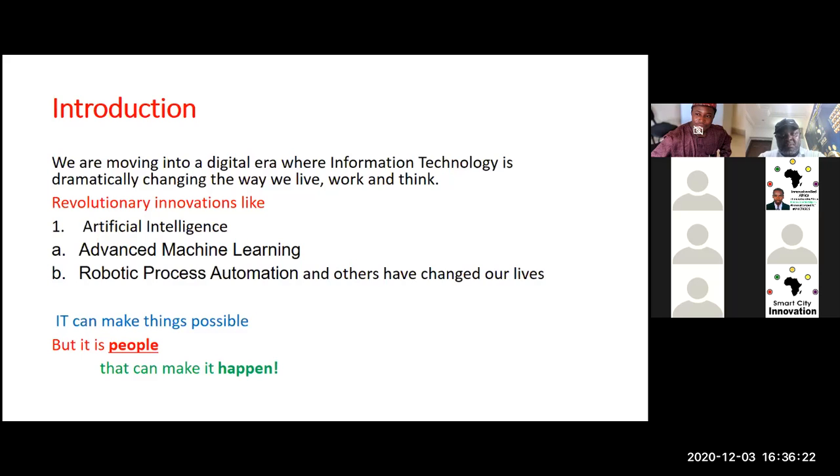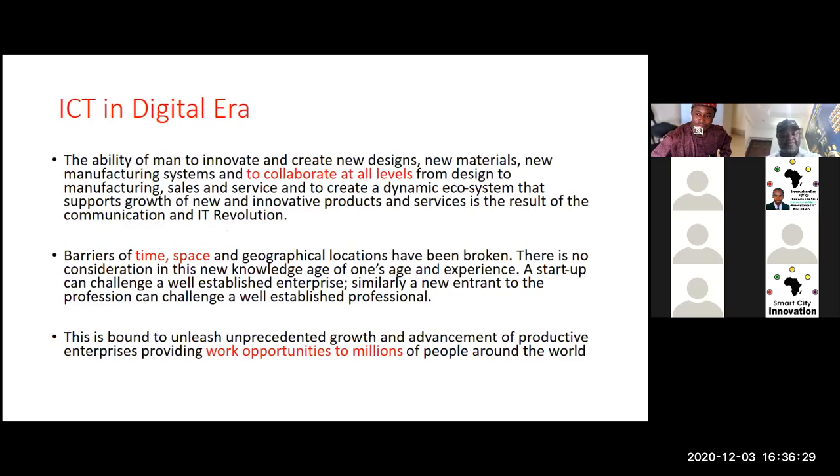IT can make things possible, but it is people that can make it happen. So whatever the level that we reach, if people do not commit themselves to make it happen, the IT itself, or the robots, let me call it like that, cannot function without people.